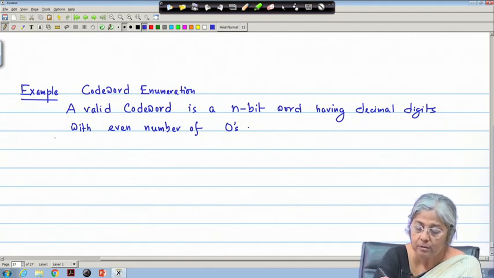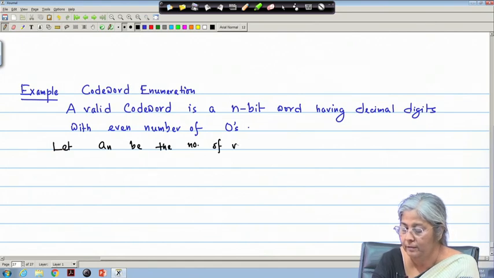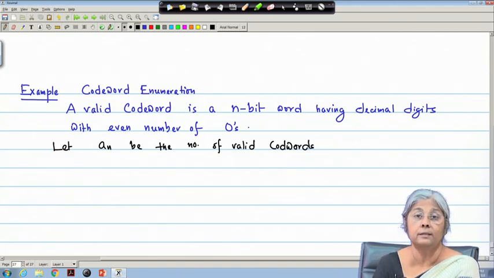So, let An be the number of valid code words. Then how can we get a relation or a recurrence relation?